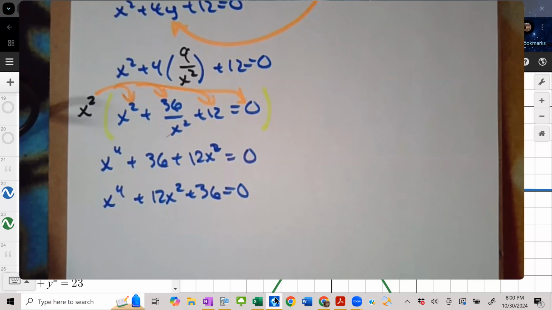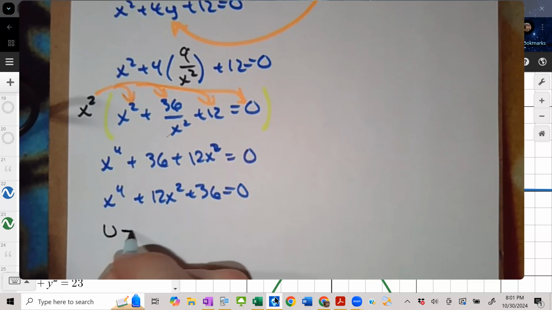Maybe you remember your work in intermediate algebra. Maybe you remember seeing it someplace in college algebra where this is quadratic in form. This exponent is half of this exponent. That allows you to make a little u substitution. One way or another, it's going to allow us to factor this.